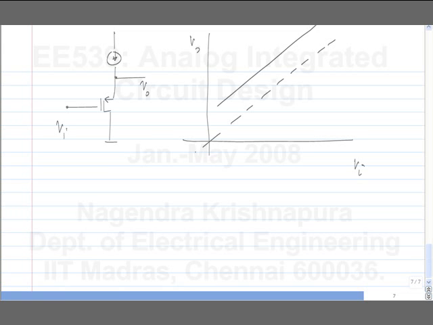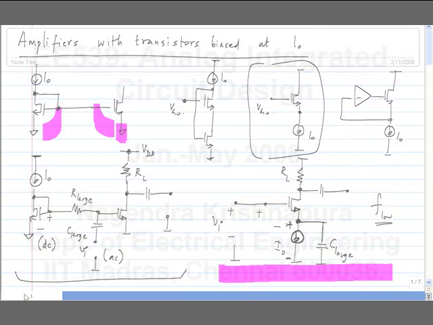Which other circuit can you use for the source follower or the common drain amplifier? Fourth one. How? Where will you apply the input, where will you take the output? Yeah, if it is an op-amp type thing, but it's not just the common drain amplifier, it's really the op-amp itself, right? Can you use the second one?